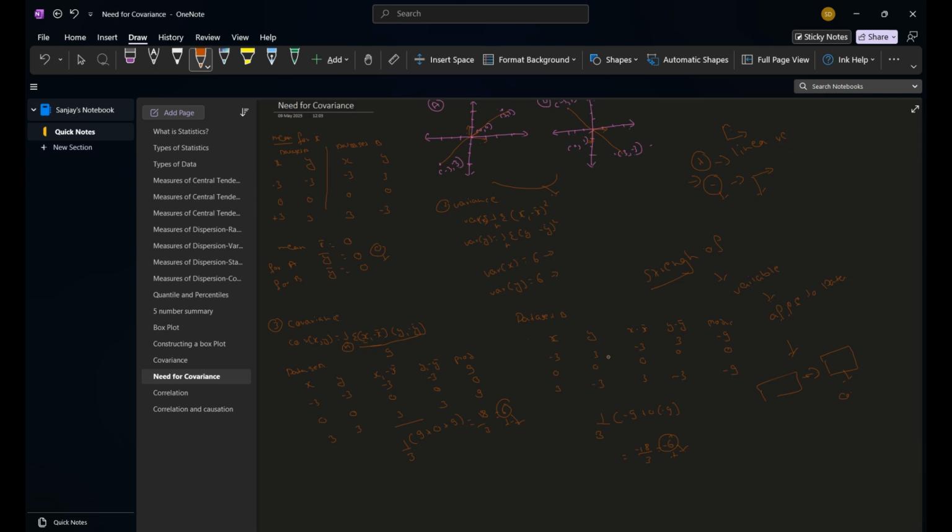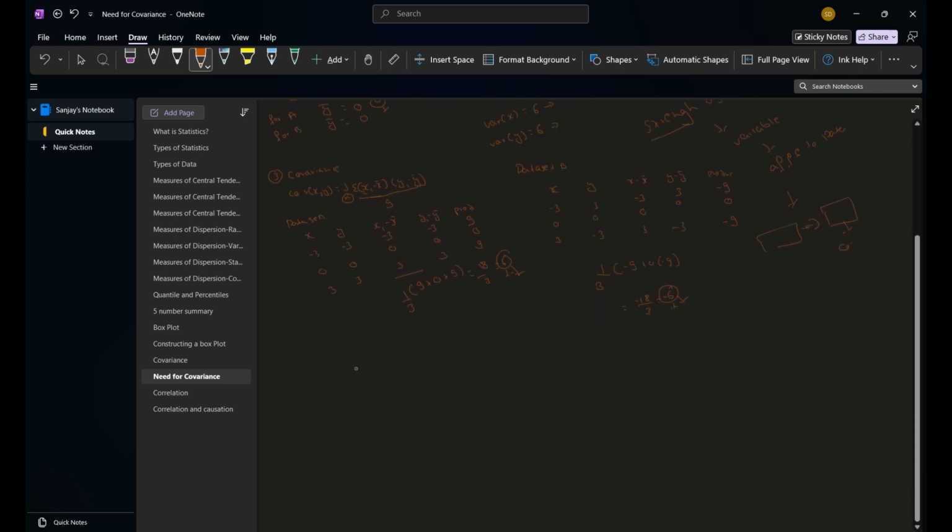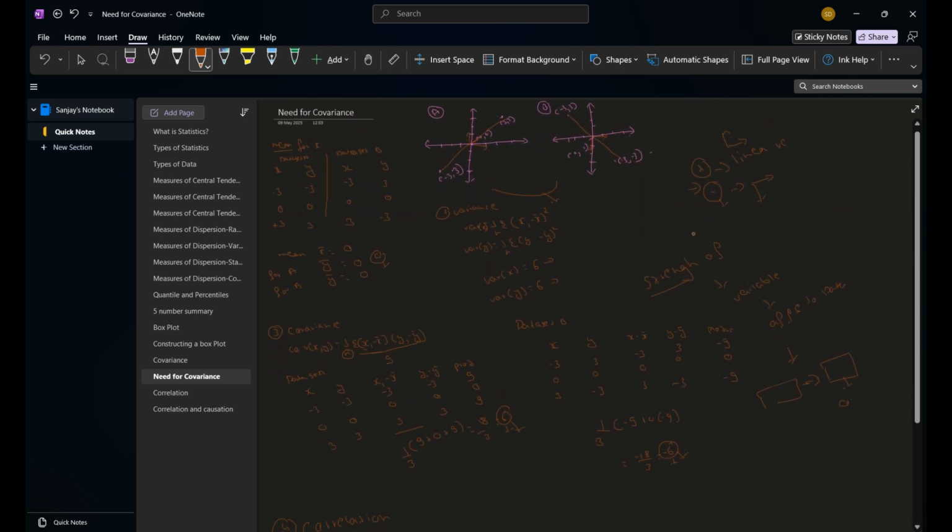To address this issue, we will use another metric, which is correlation. Covariance doesn't have a lower and upper bound; it can be anything from minus infinity to plus infinity.